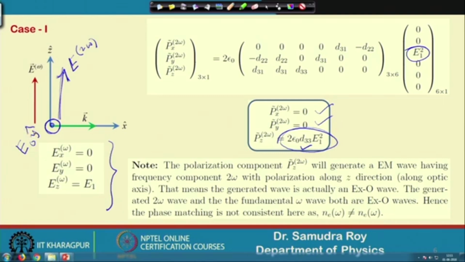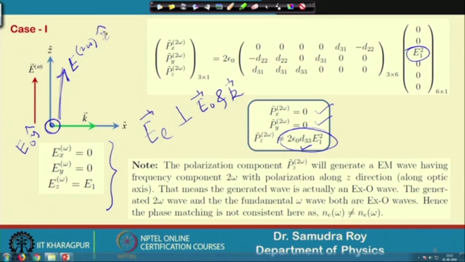If the ordinary wave is along the y direction and k is along the z direction, what should be the direction of the extraordinary wave? We know that the extraordinary wave is perpendicular to the ordinary wave and k, that is the rule. So in this particular case the extraordinary wave will be along the z direction.